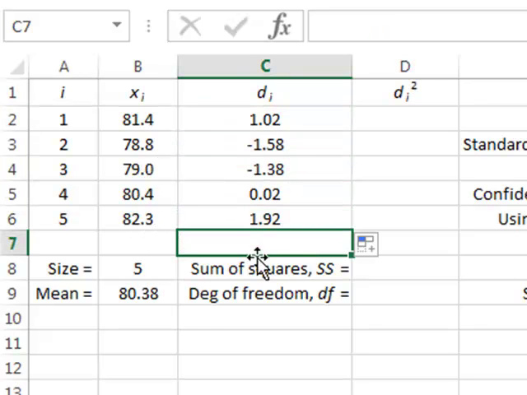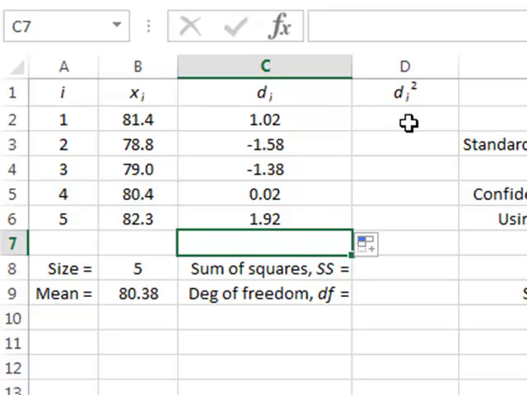It would be useful to get an overall idea of the spread of data values, but if we were just to take the sum of these deviations, we would always get a 0 value because of the way in which they are defined in relation to the mean value. There will also be negative values which cancel out the positive values.